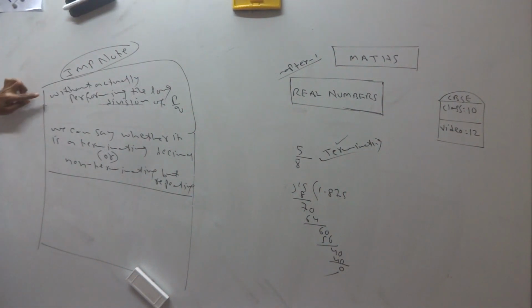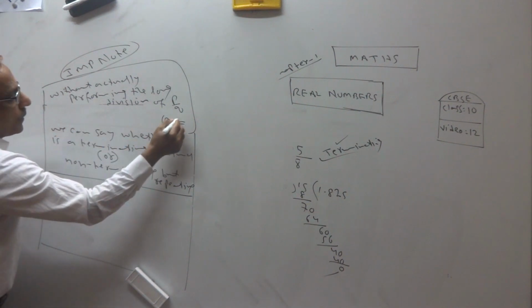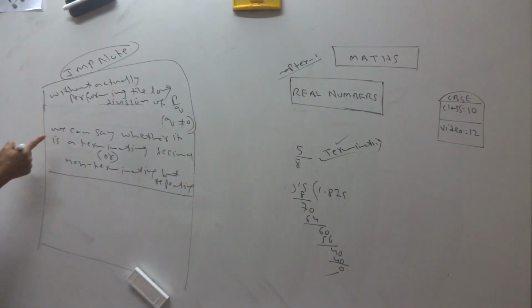What is the note I am giving now? Without actually performing the long division of P by Q, Q not equal to 0 here, we can say whether it is a terminating decimal or non-terminating but repeating.